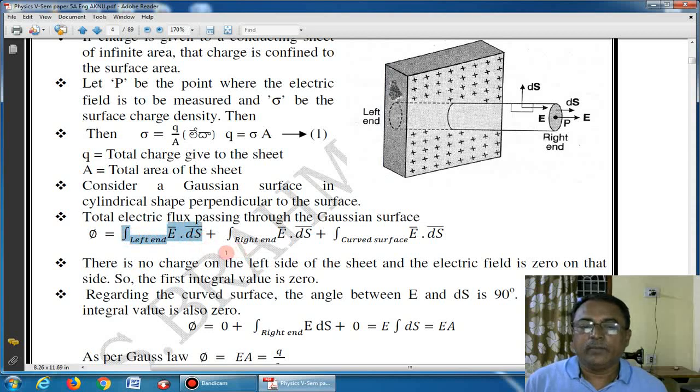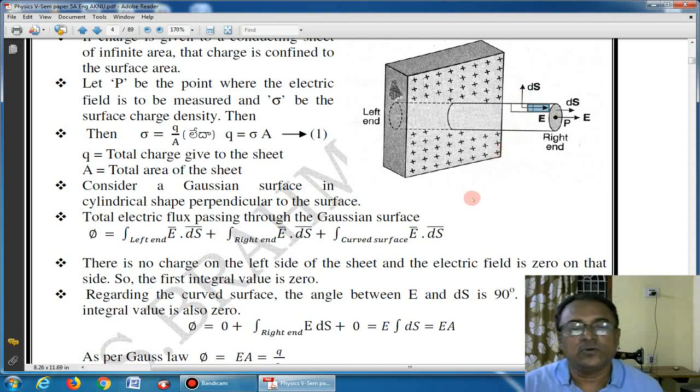And coming to the curved surface, here E bar dot ds bar is equal to E ds cos theta, and in this curved surface the ds bar is in this direction and E bar is in this direction. The angle between these two is equal to 90 degrees.